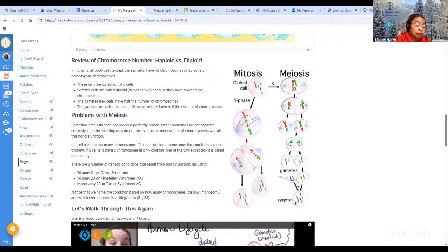So again, know your vocabulary. The gametes, so this one is showing 4 gametes. If this was a female, you would have 4 egg cells. If this is a male, you'd have 4 sperm cells. But you'd have 4 of them. And you take 1 sperm and 1 egg and you combine them to make a zygote.